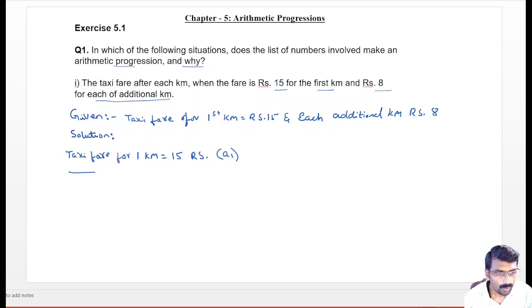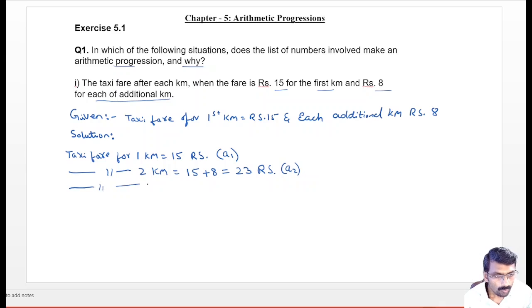Similarly, the taxi fare for the second kilometer would be 15 plus 8, since each additional kilometer is rupees 8. That gives us 23 rupees. So this is our second term.